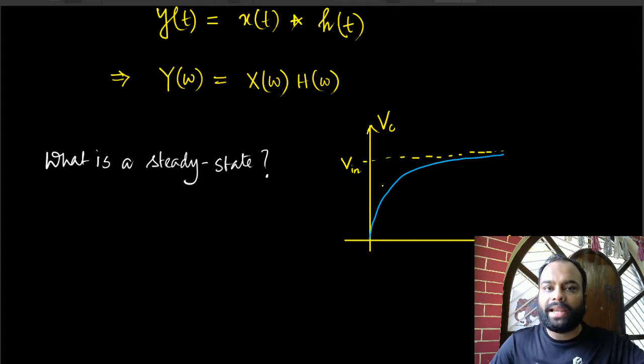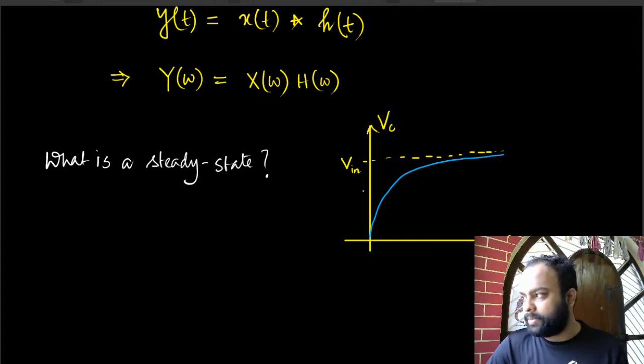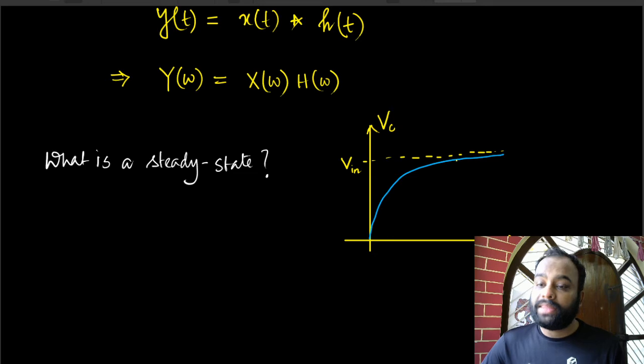When I excite the RC circuit for a very long time, what happens? After a very long time has elapsed, the voltage across the capacitor becomes equal to the input voltage. It does not necessarily have to be equal to the input voltage, but here it does. The point is that there is no longer any variation in the response of the system, and the response is whatever I consider to be the output, here the voltage across the capacitor.